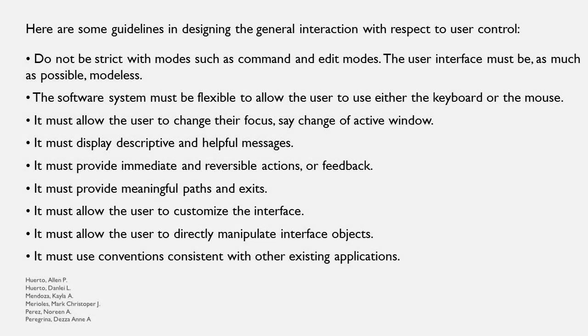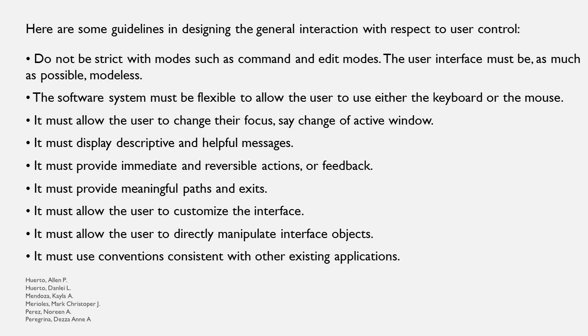Here are some guidelines in designing the general interaction with respect to user control. Do not be strict with modes such as command and edit modes. Of course, as users, when we see that there are many keys that we need to click or follow, we have a harder time. So, the user interface must be as much as possible modeless.